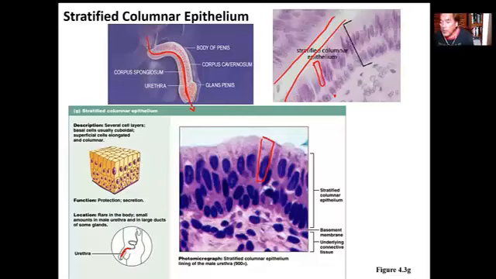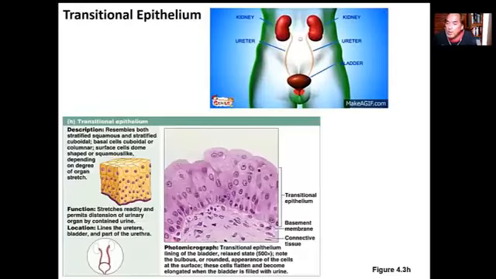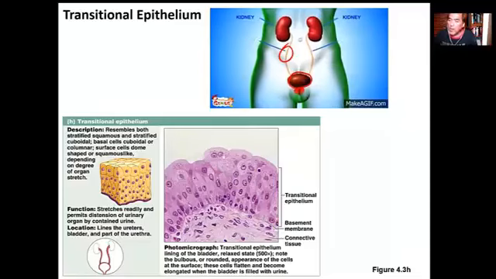The last of the stratified epithelium is called transitional epithelium. So what is the difference between this type of epithelium? It is also layered, but if I take a look at a sample that lines the urinary bladder and the ureter, the lining of the tube, where is the ureter located? This is going to be your ureter, the tube connecting the kidney to the bladder, and the wall of that sac, the bladder, is made out of epithelium.